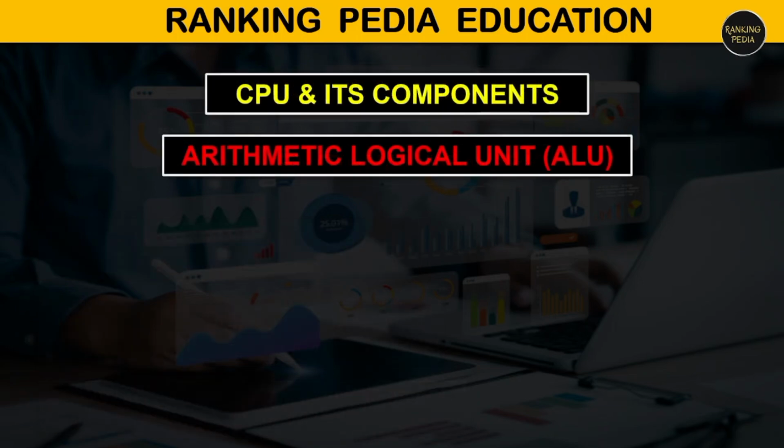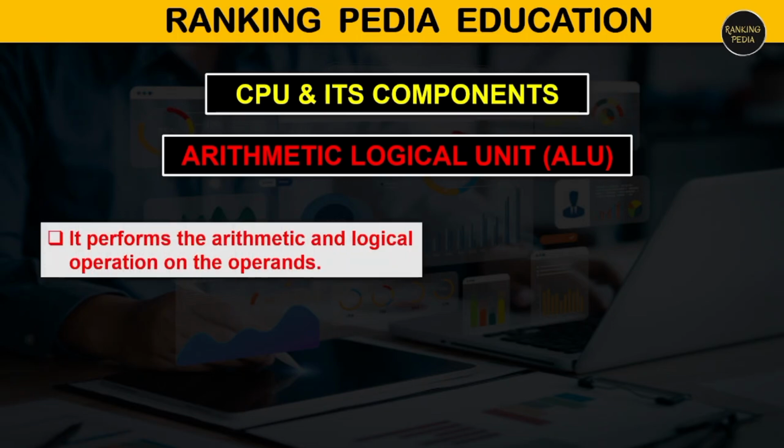Now we will discuss the arithmetic logical unit, the CPU's second component. The arithmetic logical unit performs arithmetic and logical operations on the operands. As the name suggests, it performs arithmetic and logical operations.